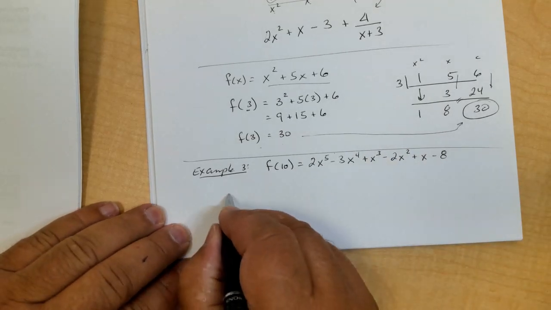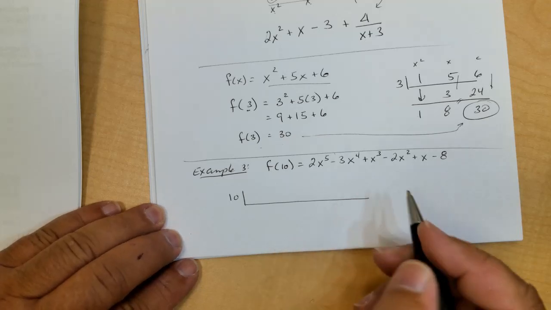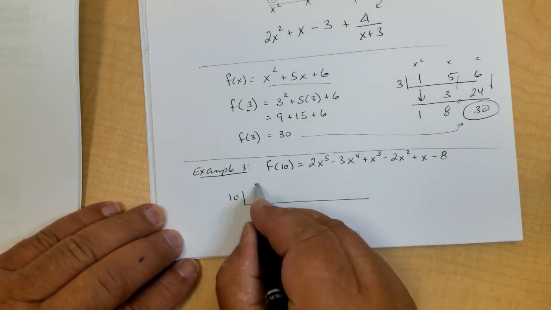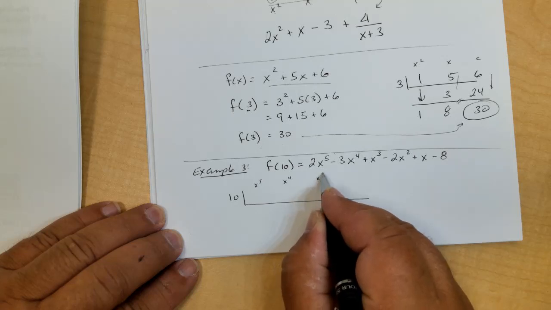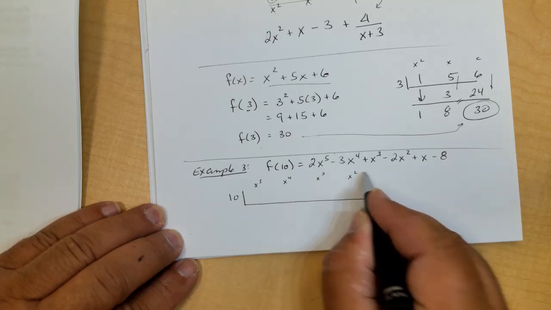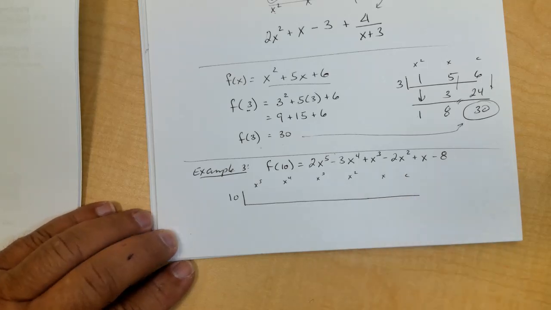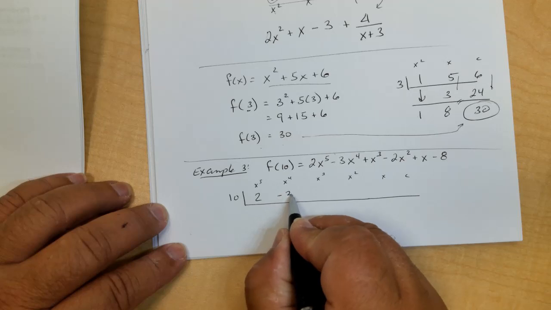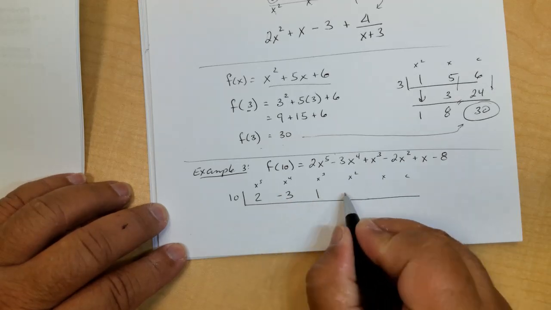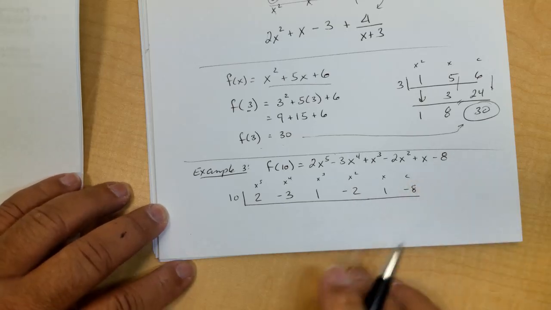Let's try using synthetic division. x to the 5th, x to the 4th, x cubed, x squared, x, and a constant: 2, negative 3, 1, negative 2, 1, negative 8.